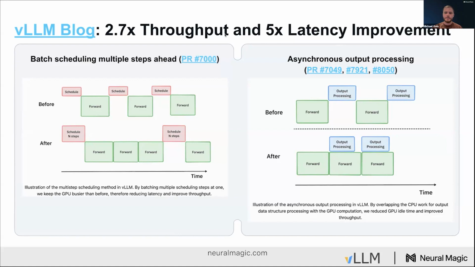Another big thing was asynchronous output processing. Before, once we'd done a forward pass on the GPU and needed to process the outputs, decode tokens or check if we're done with work, we would pause the GPU while looking at this. Now we allow for asynchronicity between this, and sometimes we get a little bit of wasted work on the GPU.